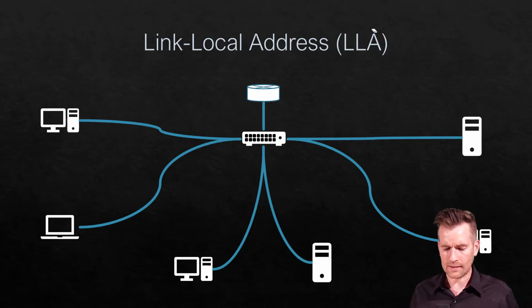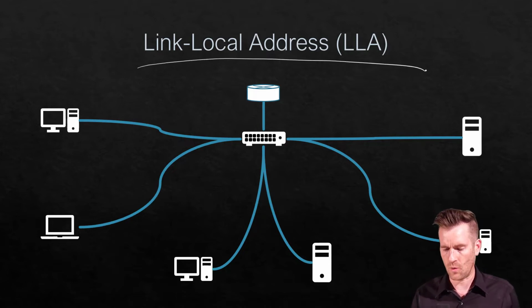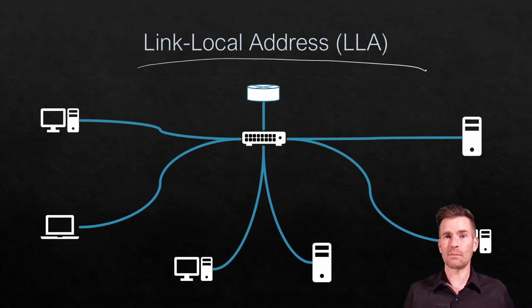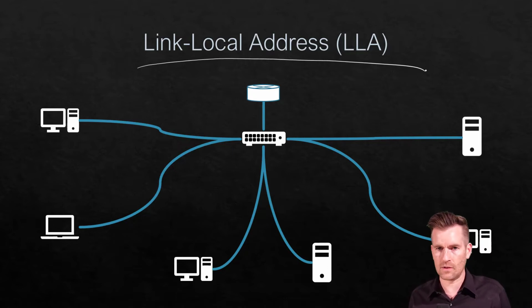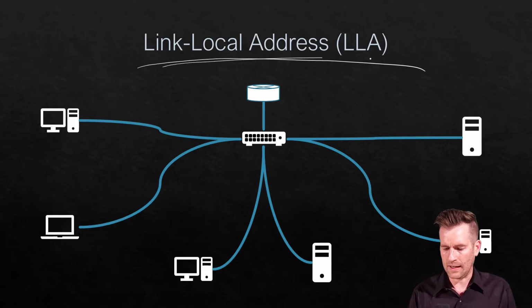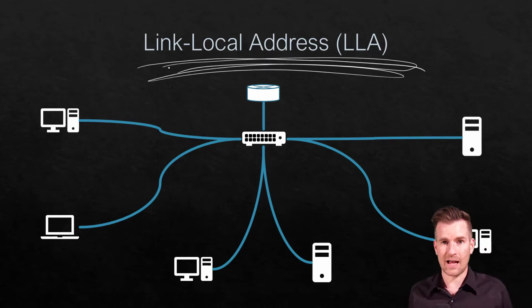And that's what link local addresses do: when you plug in a machine, it creates its own link local address, and then it is able to communicate to other devices on the network. It didn't need a router, it didn't need a server, it didn't need anything else to establish that connection. So a link local address is the mechanism that helps do that.